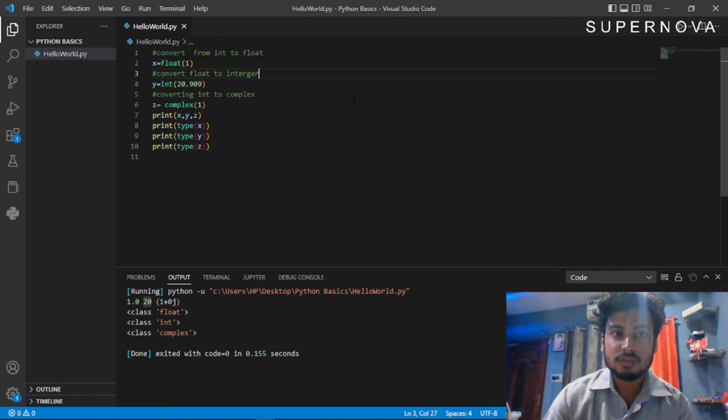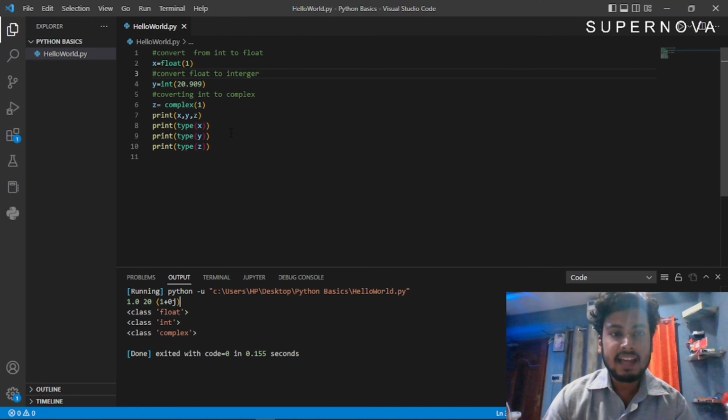Clear? So it is 20, and 1 was an integer which is converted into a complex number. So 1 became 1 plus 0j. That means this is the value which is 0, whatever j is, 1 2 3 4 5 6 7 8 9 anything, multiplied with 0, plus 1 is 1.